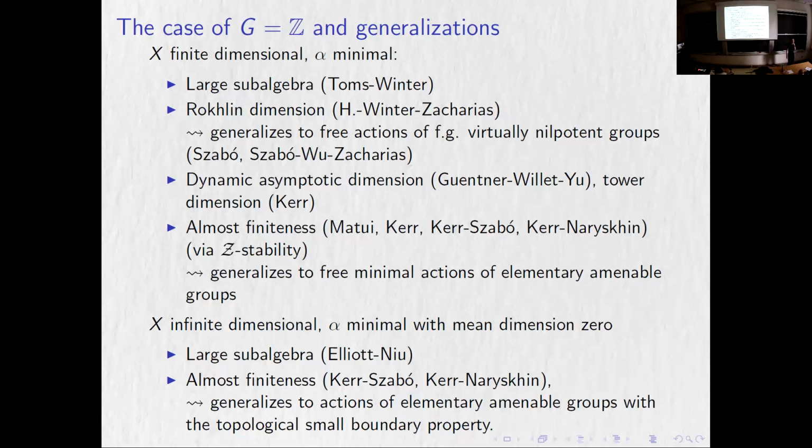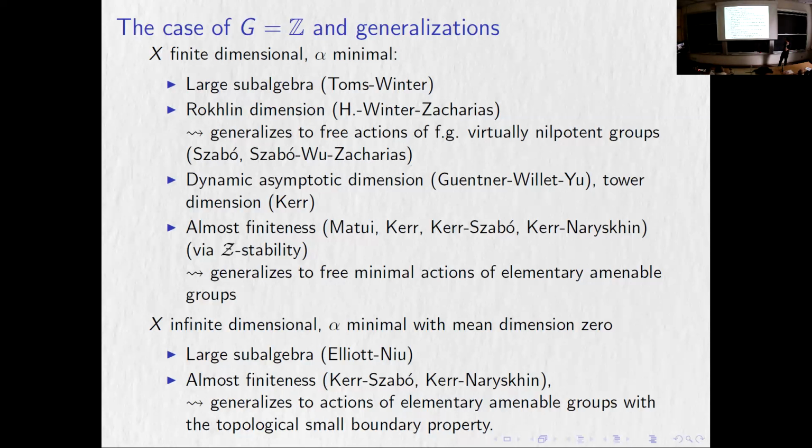So you can define this notion of Rokhlin dimension for residually finite groups. It makes sense there. But to get the proof to work, you need to assume that the group has finite asymptotic dimension. So that boils down to polynomial growth in that setting. And so that was the best result in the free case.